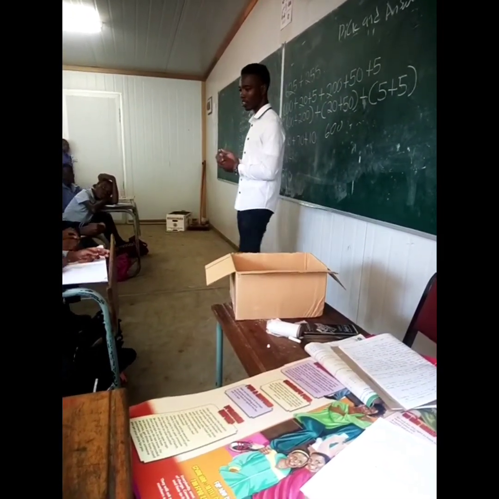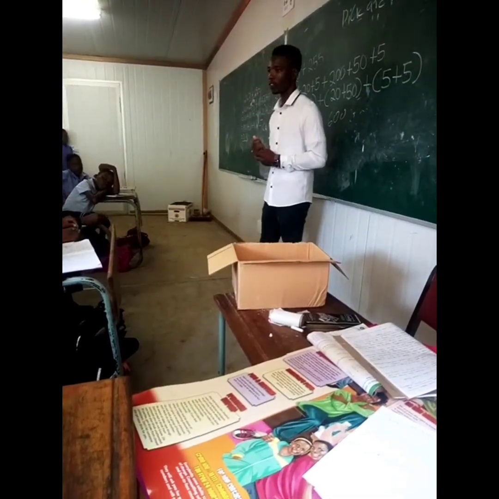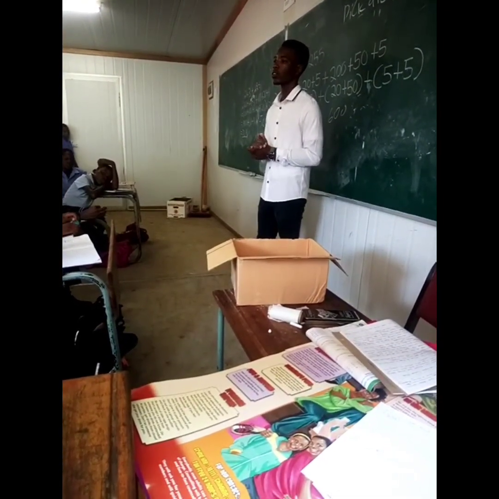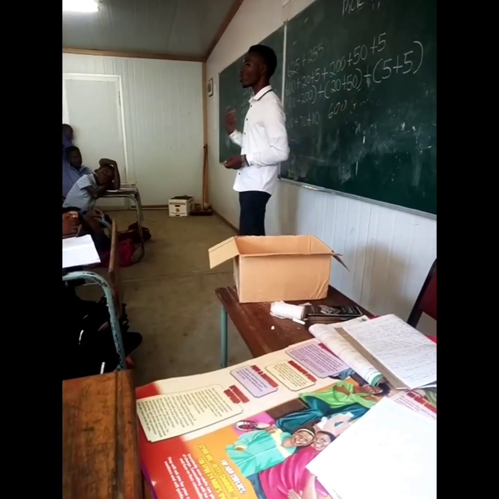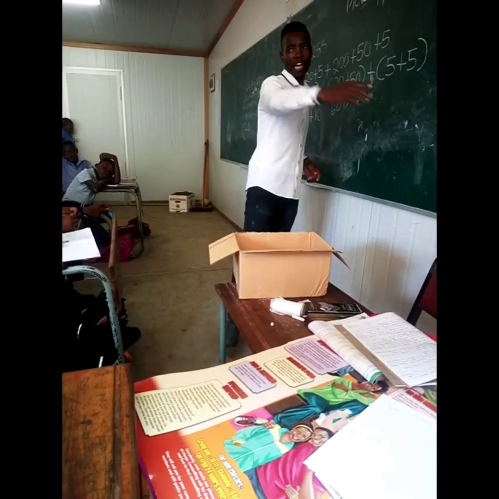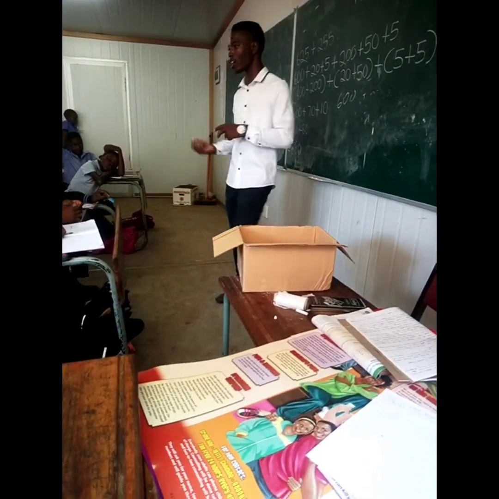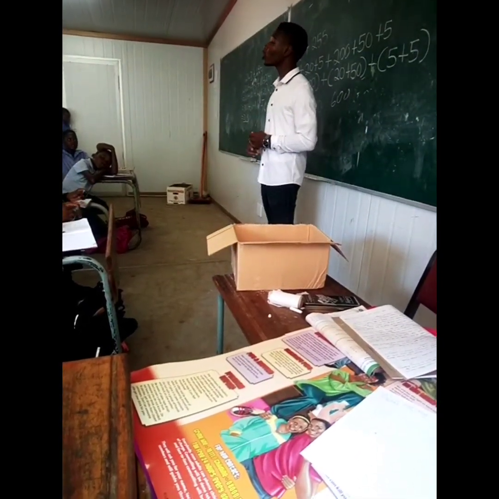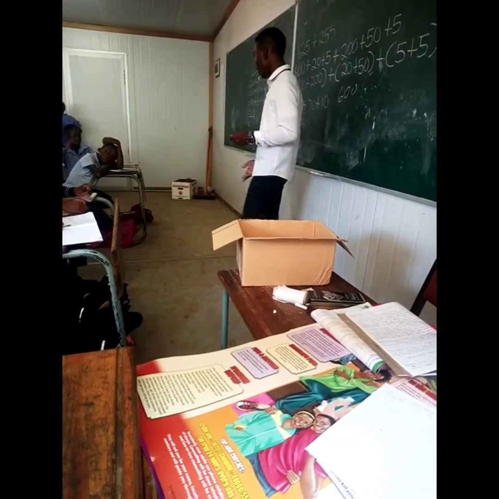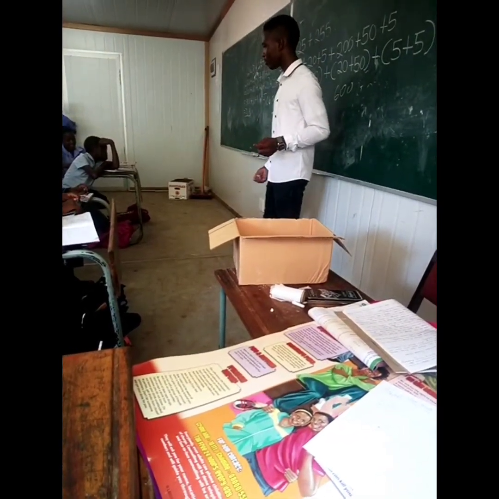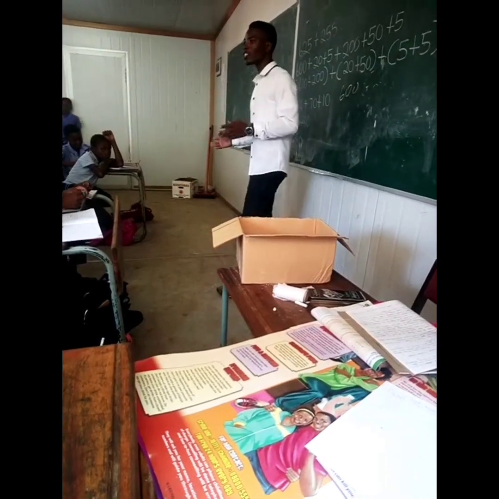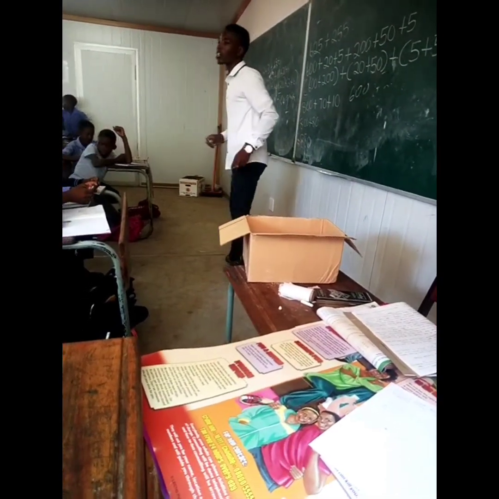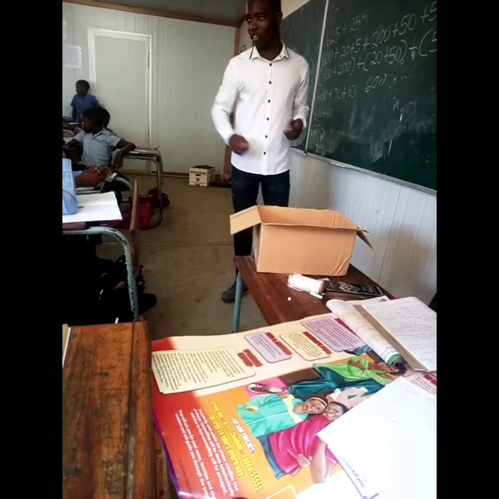I learned that when we calculate, we start from the right hand side to the left hand side. Right? Yes. What else did you learn? She learned that each number represents its own location, right?